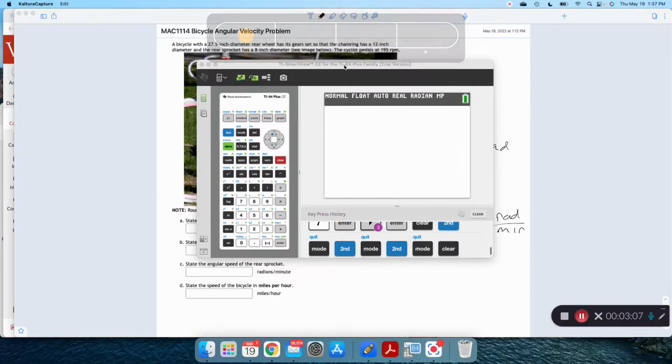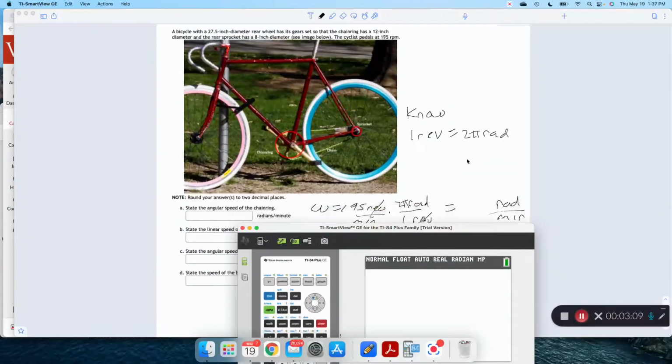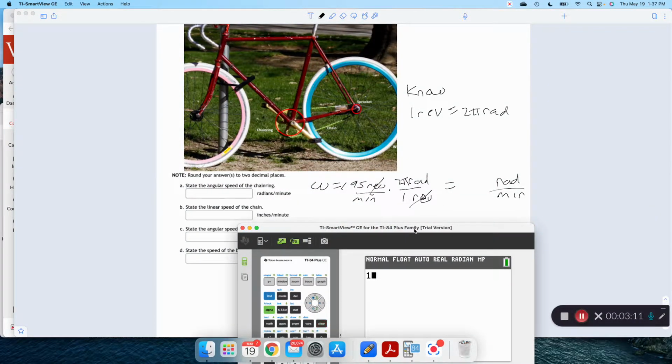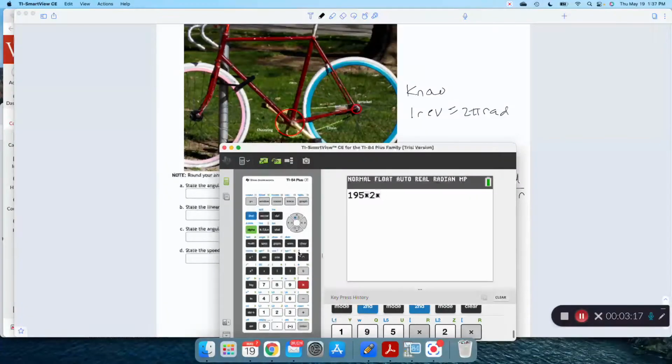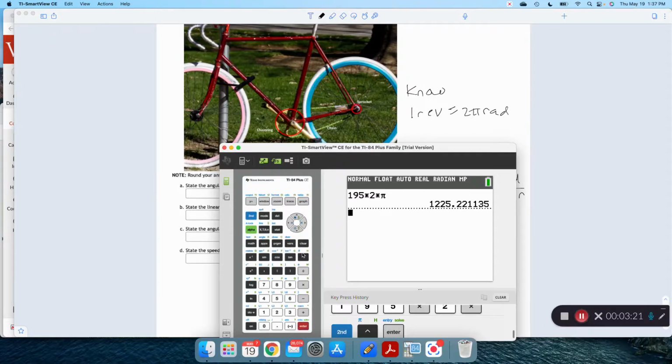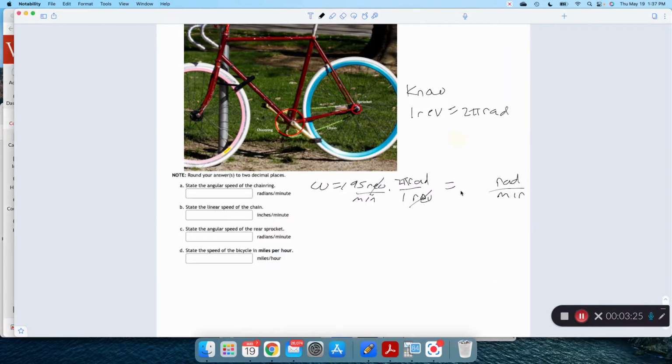So I want 195 times 2 times, and then my pi button is right there. 1225.22. That's my angular speed.